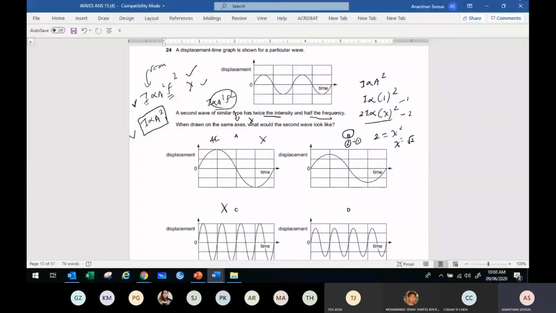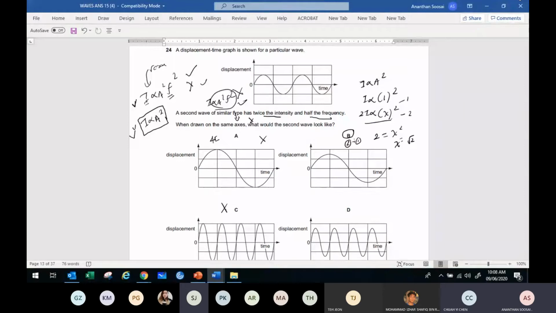I think in the past 12 years, only once did a question include frequency, and in the question itself they said I proportional to A squared F squared. Then we have to follow that formula. If they never said this, just follow I proportional to A squared. You got an idea? Yes, thank you, sir.